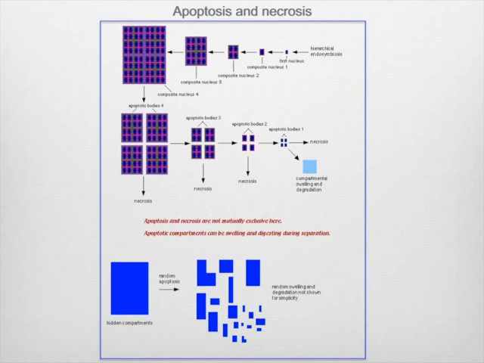That's 16 of those first nuclei. Then 4 of those come together to create composite nucleus 3, and then 4 of those come together and complete the nucleus 4.